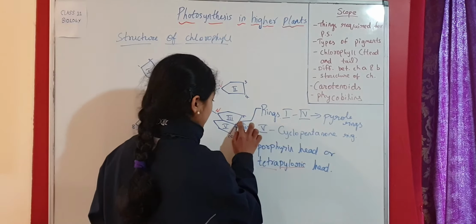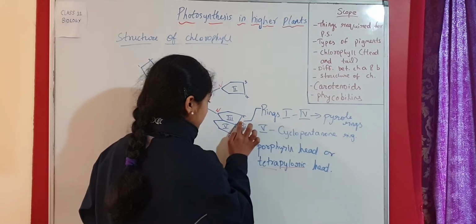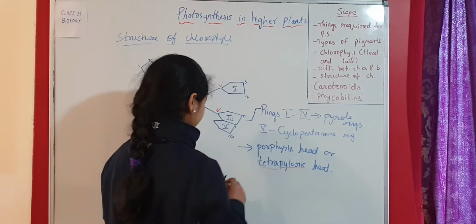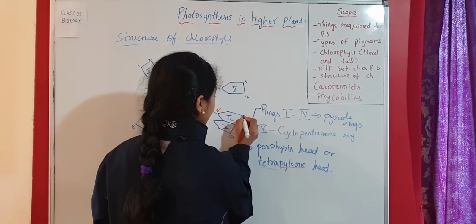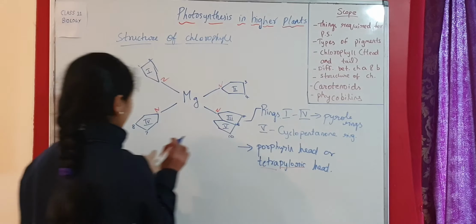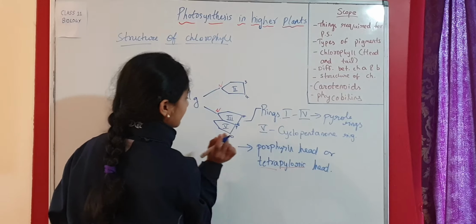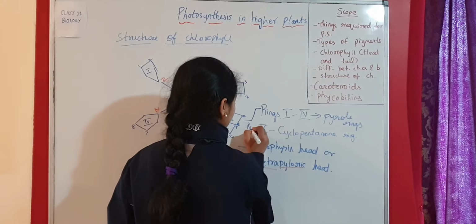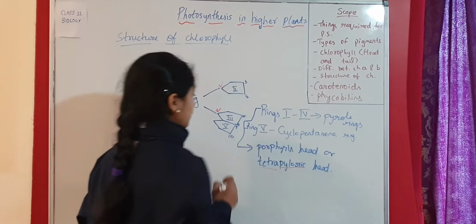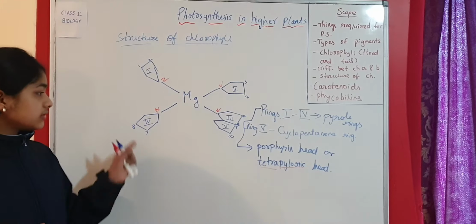So, this is carbon number 5, carbon number 6, carbon number 7, carbon number 8, carbon number 9 here and carbon number 10. So, ring number 5 is cyclopentanone. Okay, so these are the carbons which are attached to the corners of the nitrogen rings.